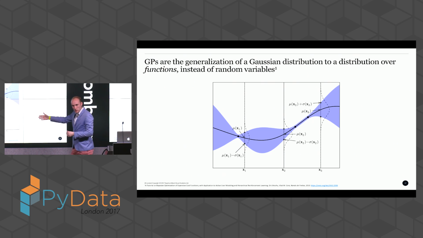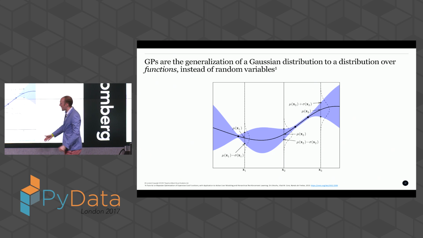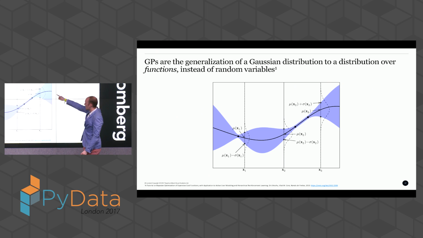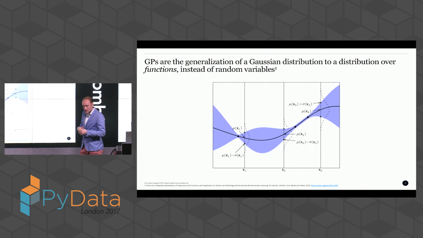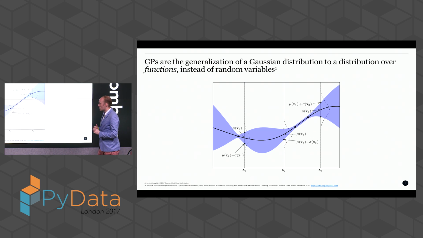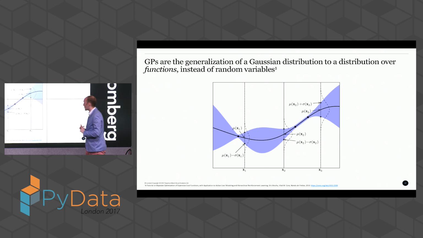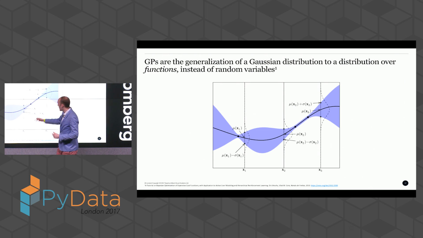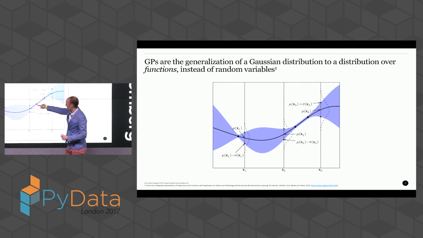So how should you read this picture? What we have here is the solid dark line. This is basically the function we're trying to optimize, maximize or minimize, whatever you're trying to do. In our context, you could think of it as our performance function. The blue shaded region is the probability model that we're building using the Gaussian process.